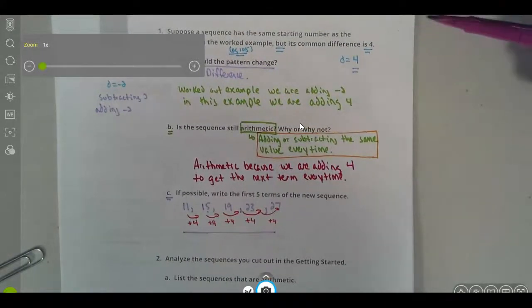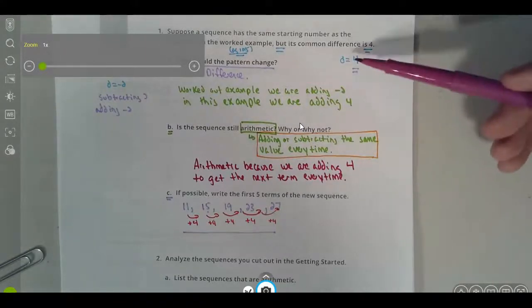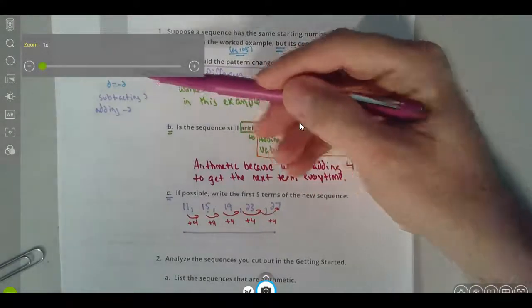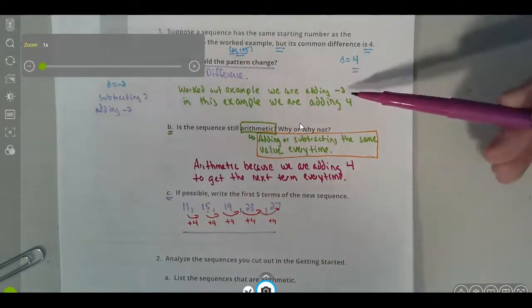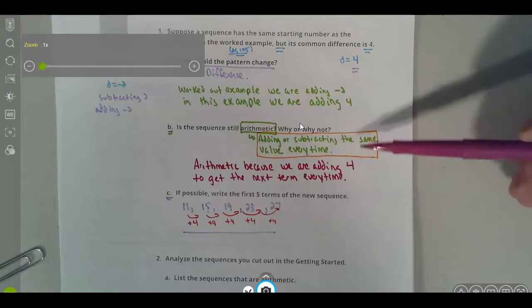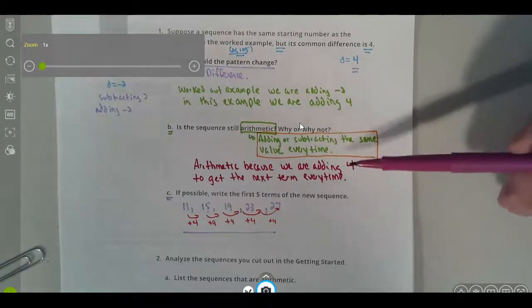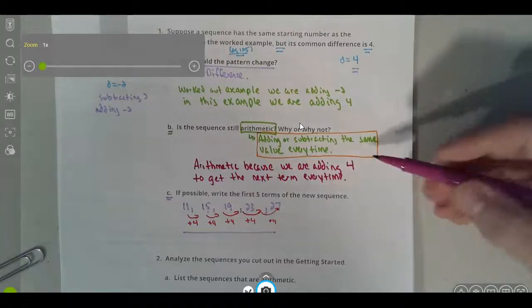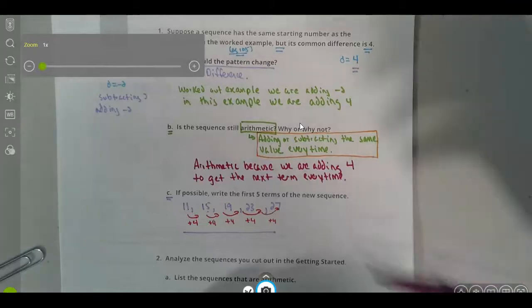And what we were able to determine is the difference between this sequence and the one that we did previously is that what we are adding is different. Before we added -2, now we're adding +4. That still makes it an arithmetic sequence because we are adding the same thing every time to get the next term of the sequence. So that's what makes an arithmetic sequence an arithmetic sequence.